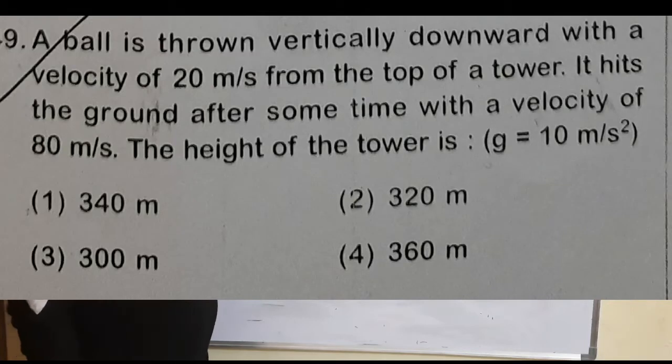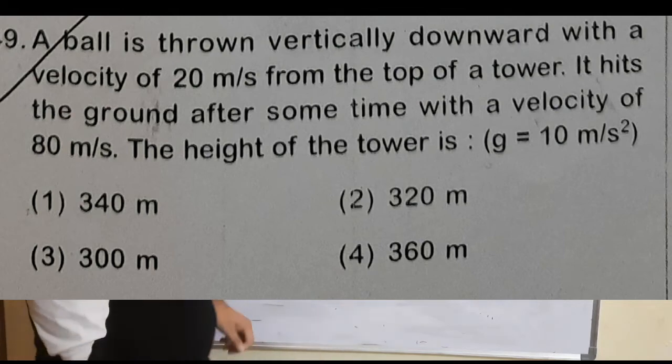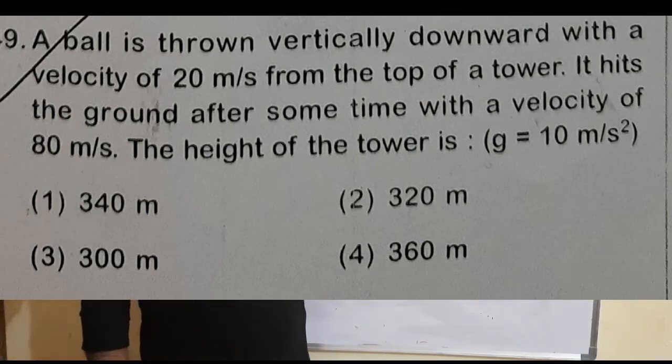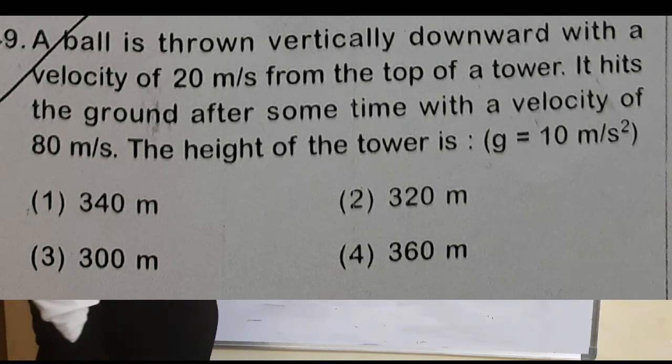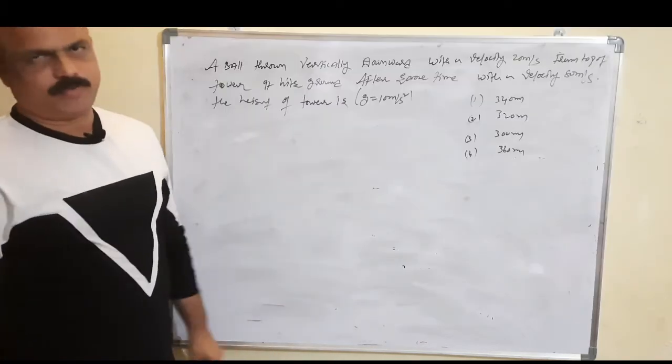So here, next problem. A ball is thrown vertically downward with a velocity 20 meter per second from the top of the tower. It hits the ground after some time with a velocity 80 meter per second. The height of the tower is. This is a very easy problem from kinematics.